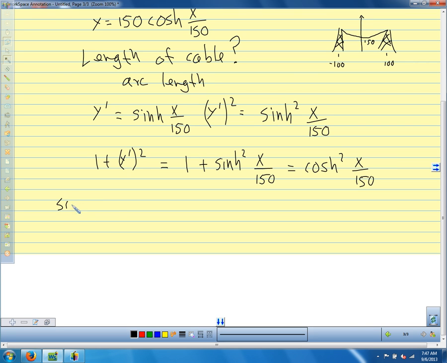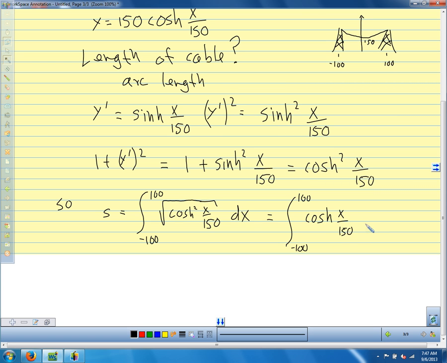So S, our arc length S, equals the integral from negative 100 to 100 of the square root of cosh squared of x over 150 dx. And thank goodness this simplifies, because otherwise it could be really ugly. So this just gives me the integral of cosh of x over 150 dx.